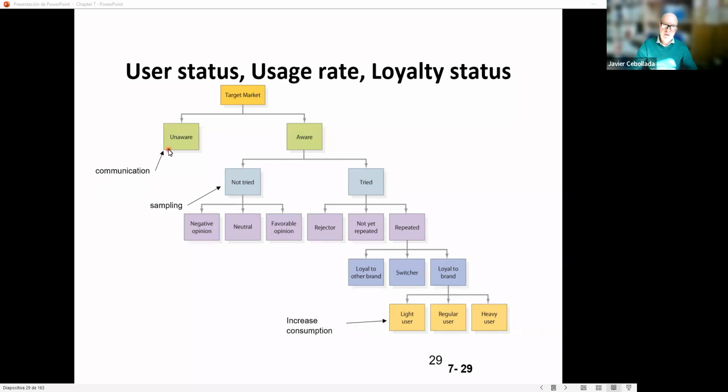For example, if you want to convert unaware into aware consumers, you might use communication. For those consumers who never tried the product, you might use sampling, giving free samples. And for loyal users, you might try to increase consumption, like giving specific discounts if buying more units or whatever.